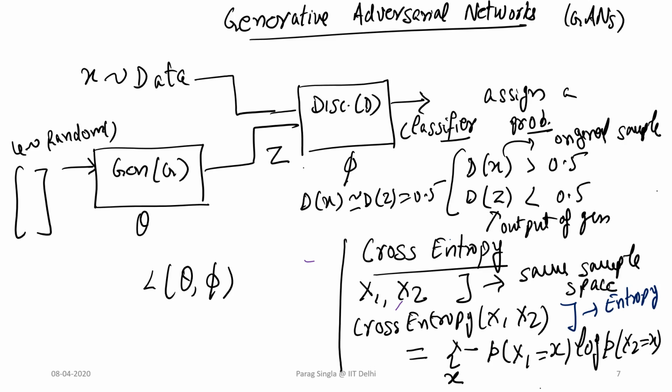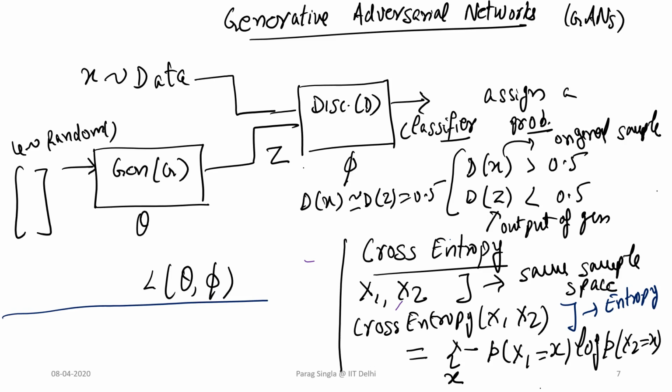So in some sense, we are trying to optimize the distribution of x2 to be the same as the distribution of x1, and we will see an application of this in the cross entropy loss. Cross entropy is a good function because it is minimized exactly when the distribution of variable x2 becomes identical to the distribution of variable x1.